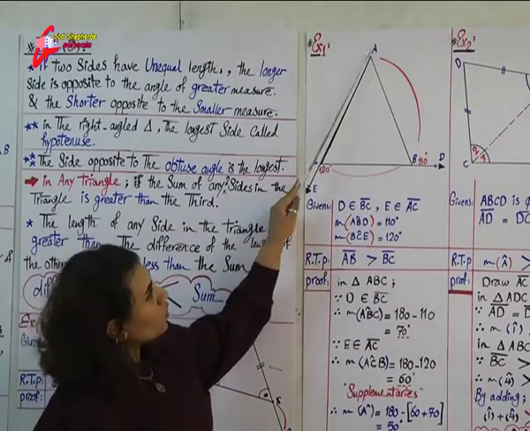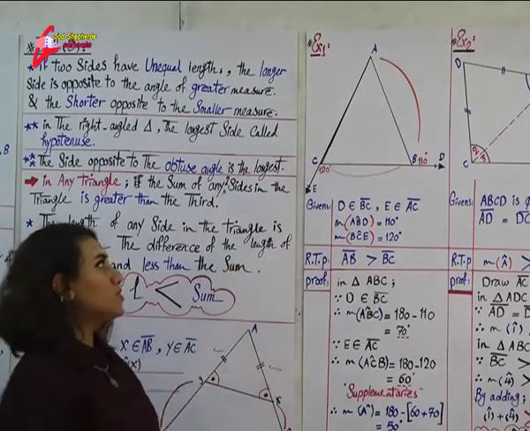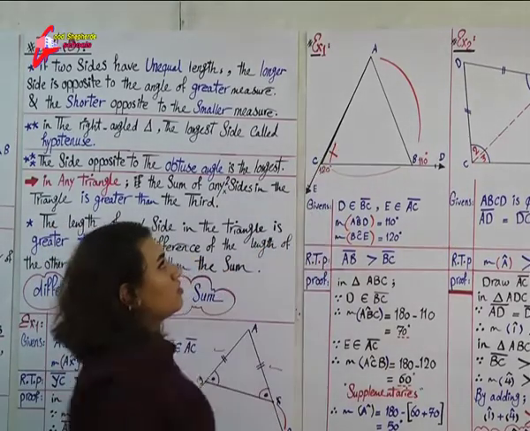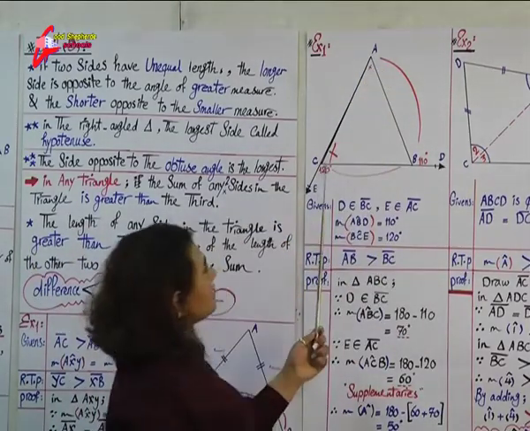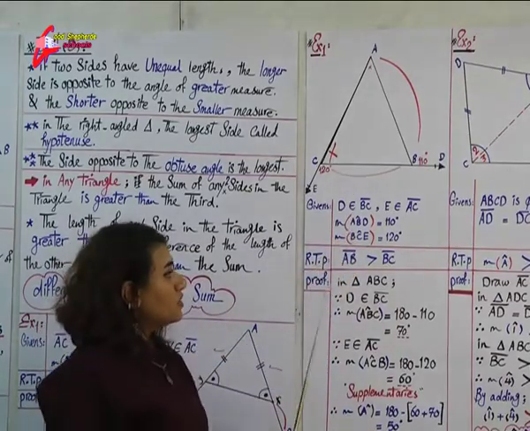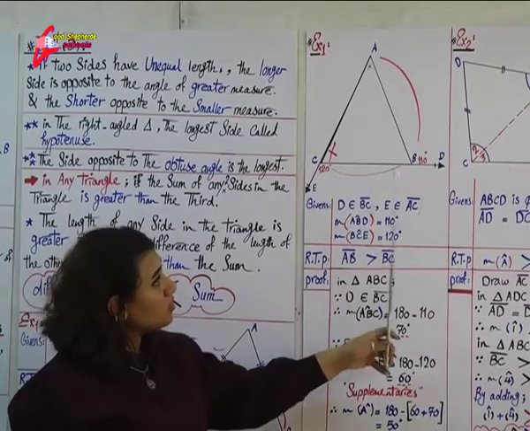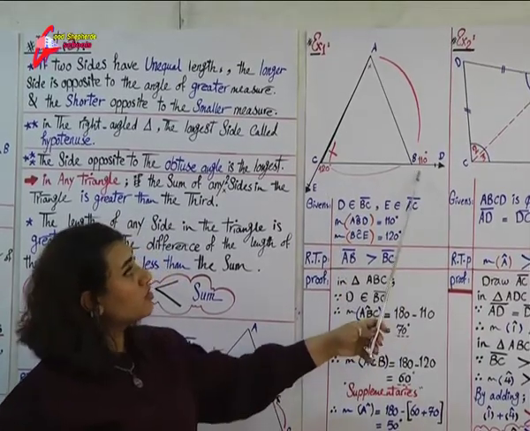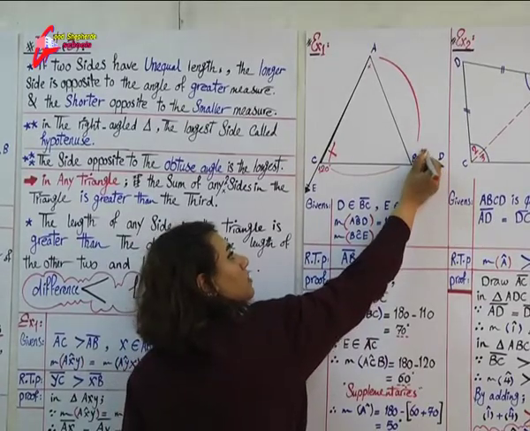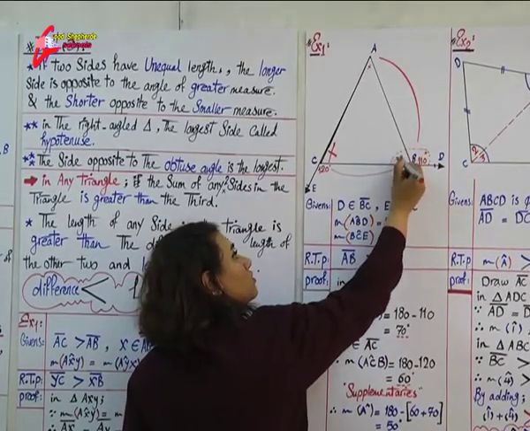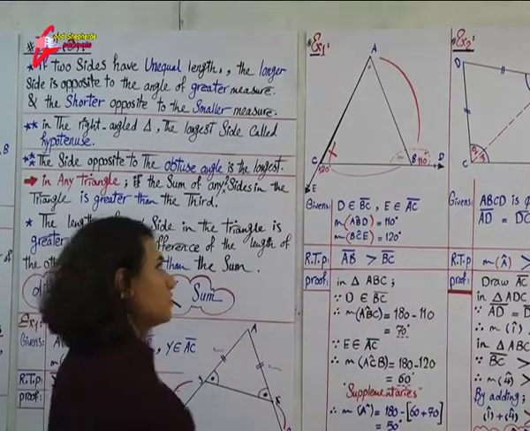If he needs to prove that a side is greater than a side, we need to prove that an opposite angle is greater than an opposite angle. How to prove that this angle is greater than this angle? First, look at the triangle ABC. Since the point D belongs to BC and it's called an exterior angle, then the angle beside it will be supplementary and it will be 180 minus 110, which is 70 degrees.